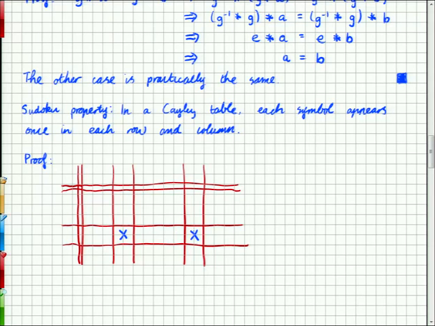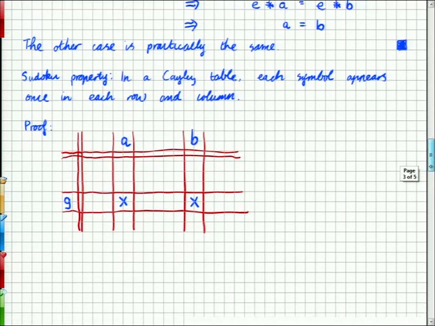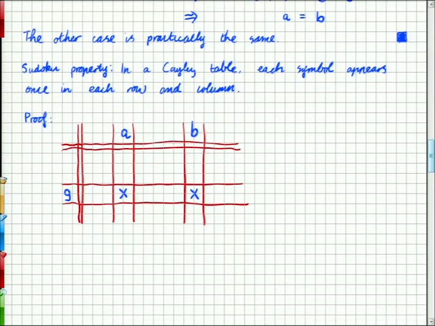You look at those two squares and you think, what are the columns labelled by? I don't know, let me call them A and B. Why not? What's the row labelled by? It's labelled by G. If those two entries are equal, what we're saying is that G star A equals G star B. But by the cancellation property, this tells you that A equals B. So we've used that same trick again, right?